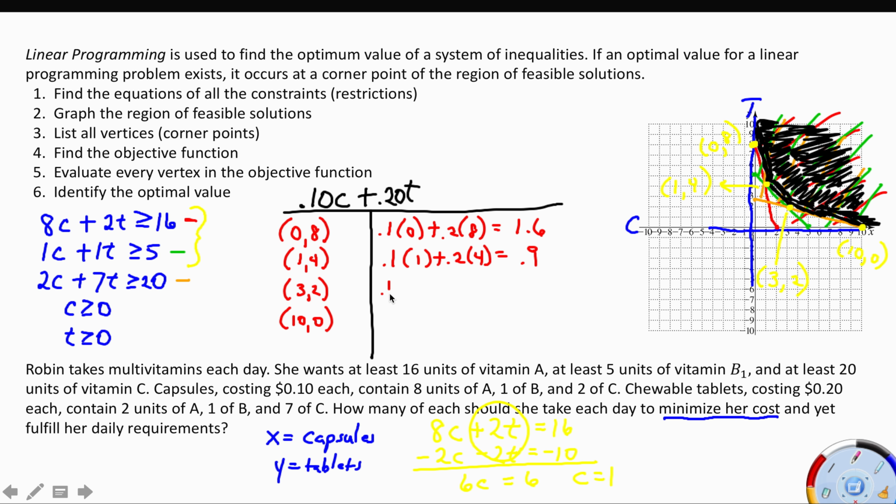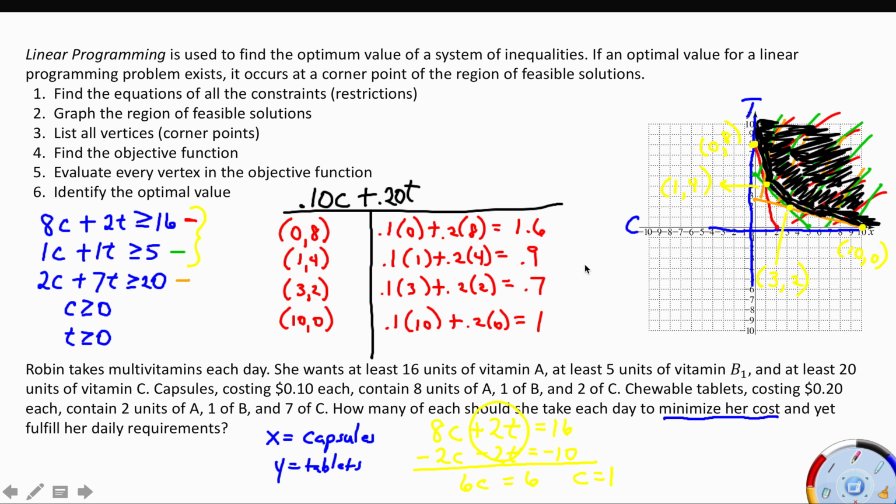This would be 0.1 times 3 plus 0.2 times 2, so 0.3 plus 0.4, 0.7. And this would be 0.1 times 10 plus 0.2 times 0, or 1.